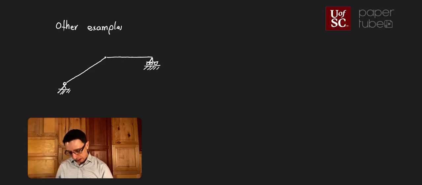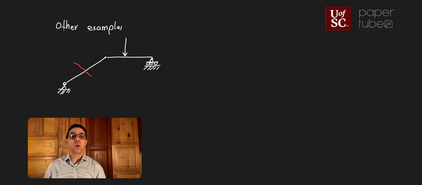And let's say that I have a point load somewhere in here. So for this particular system, I'm going to need 3 cuts. I'm going to need one cut here. That's going to describe those equations for that diagonal element.